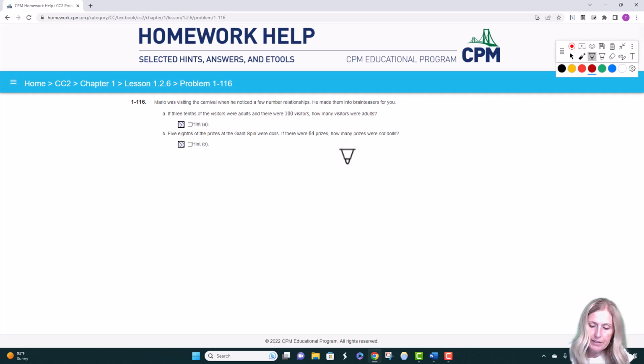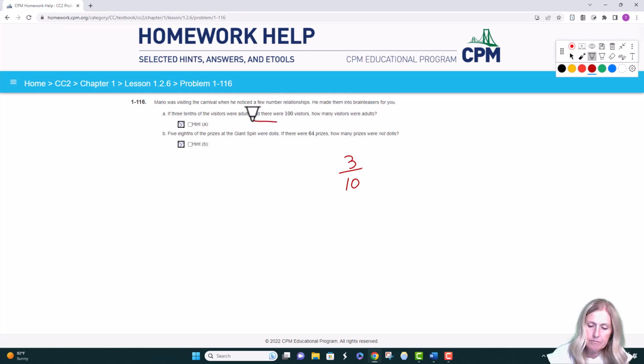If 3/10 of the visitors, by now I'm hoping you realize the word of in math always means multiply. If you're doing any kind of word problem and you see the word of, it will always mean to multiply.